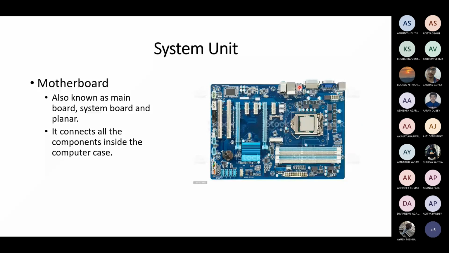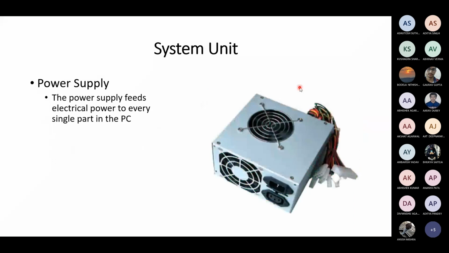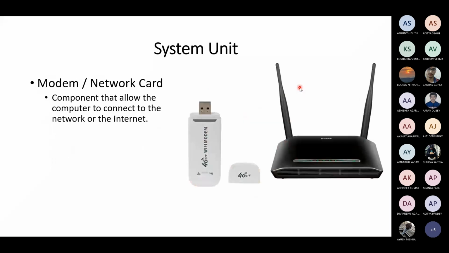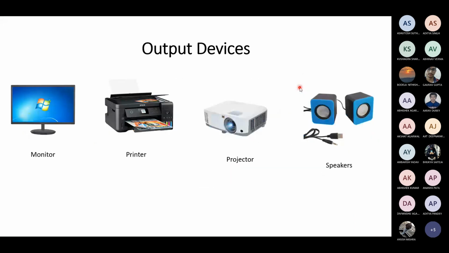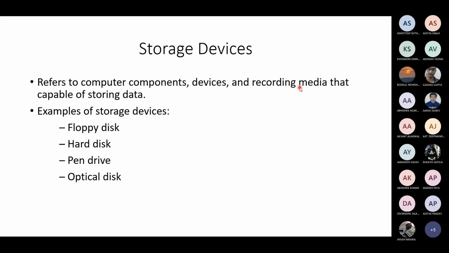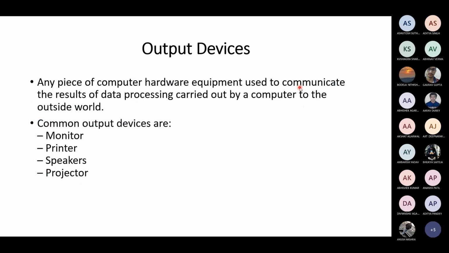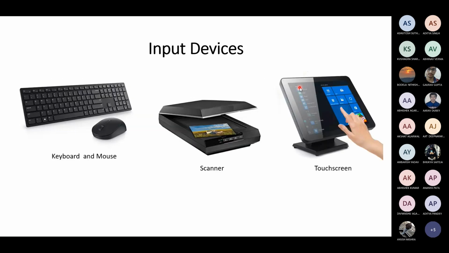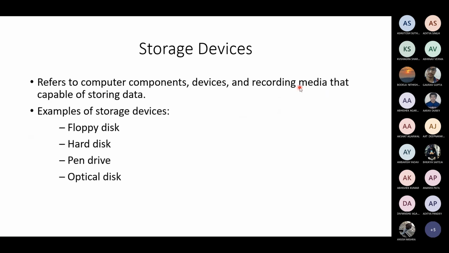Likewise, storage devices are different from input devices and output devices. Storage devices, where you store the data and how you store the data, are different from input and output devices. That's why I'm telling you, input devices, output devices, and storage devices are all different. Is this clear?